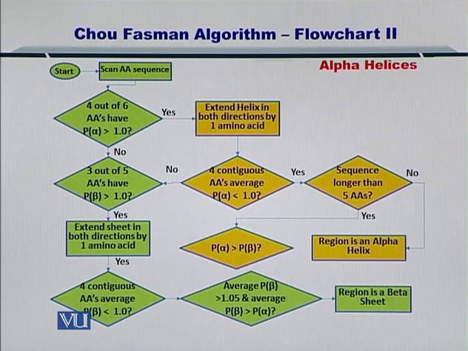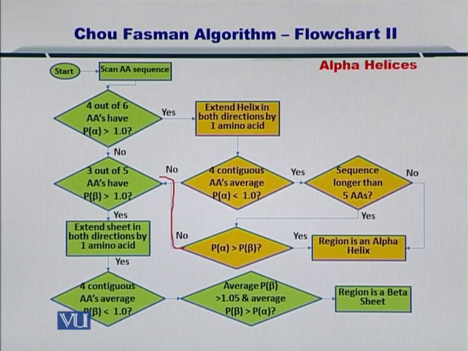So, if the sequence is longer than 5 amino acids and the propensity for forming an alpha helix is still greater than the propensity for forming a beta sheet, as shown here, then you still declare the region to be an alpha helix. However, if that is not the case, then you may want to revert to forming a beta sheet.